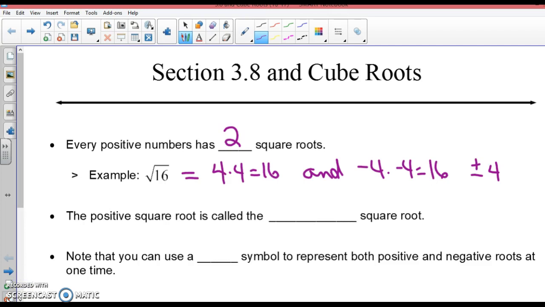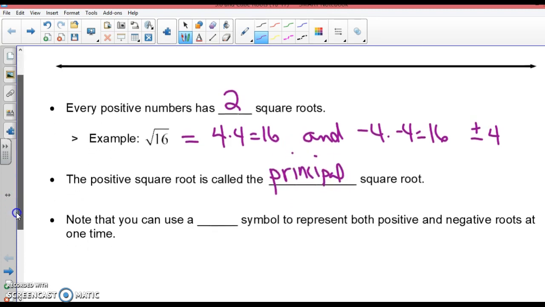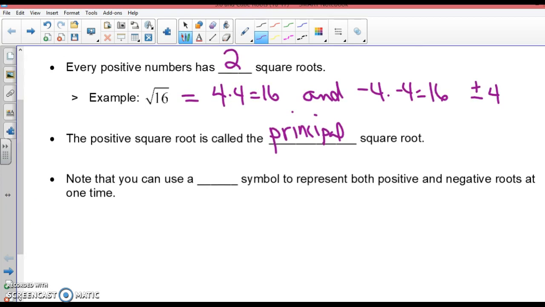The positive square root is called the principal square root. Note that you can use a plus and minus symbol to represent both positive and negative square roots at one time.